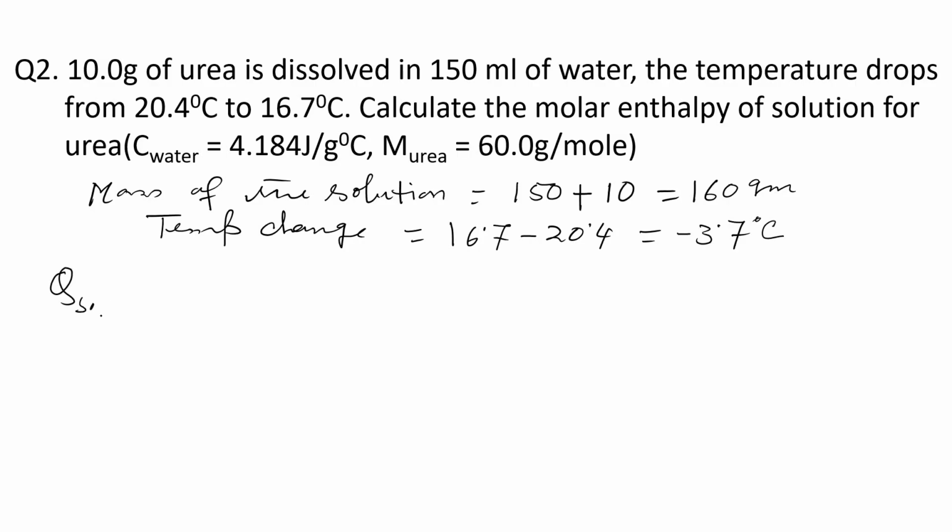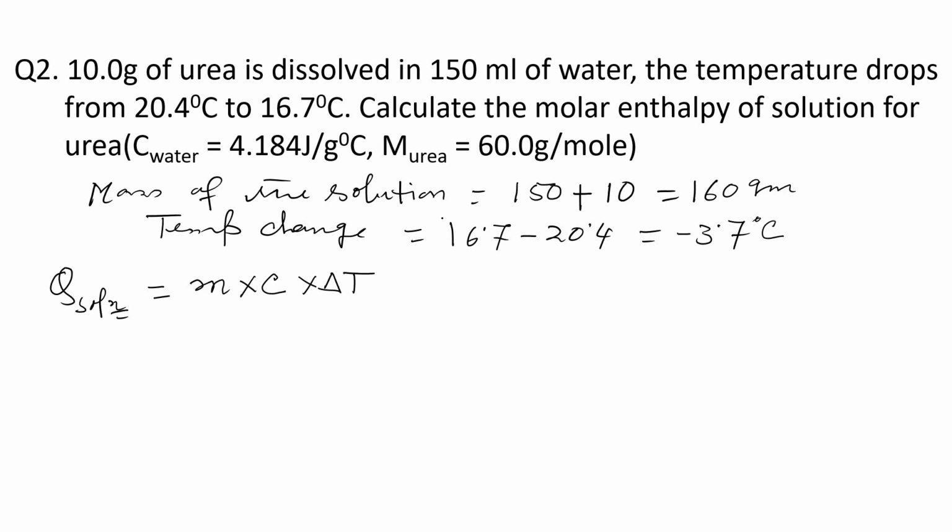Right? Now, what is the heat involved during this solution preparation? So, Q solution, that will be equal to mass, M, into the heat capacity of water, into this change in temperature, right? Heat capacity means heat required for 1 gram of the substance to change the temperature by 1 degree centigrade. So this is for 1 gram.